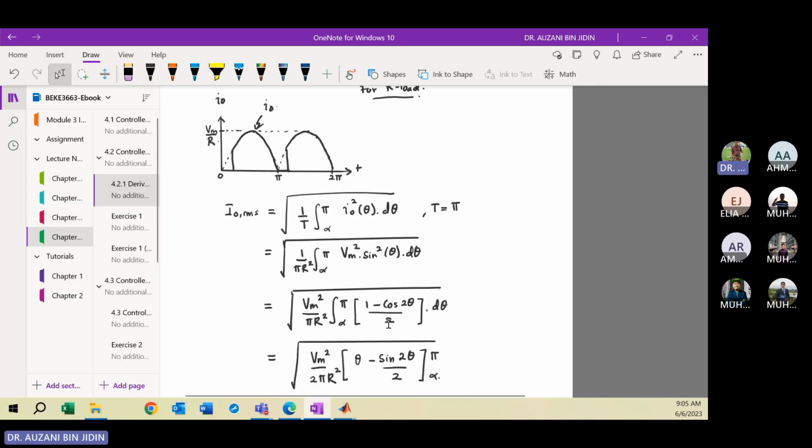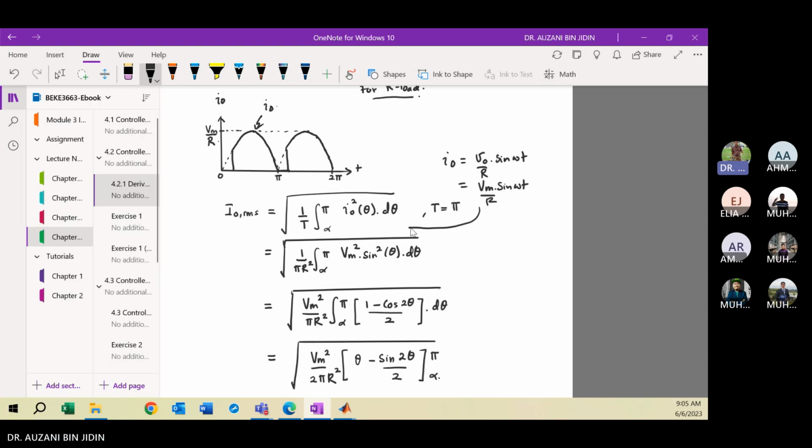We know that IO is VO sine omega T divided by R, where VO is Vm sine omega T per R. Then you can substitute into this term, and you get this one.